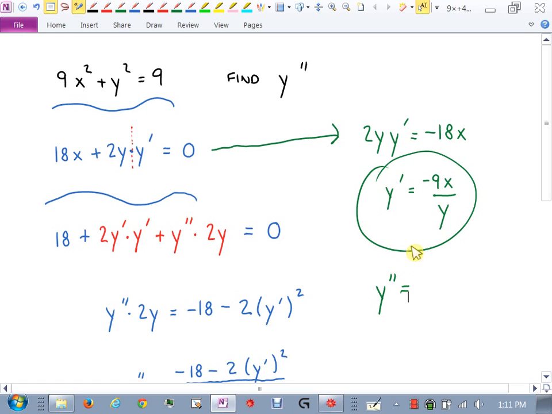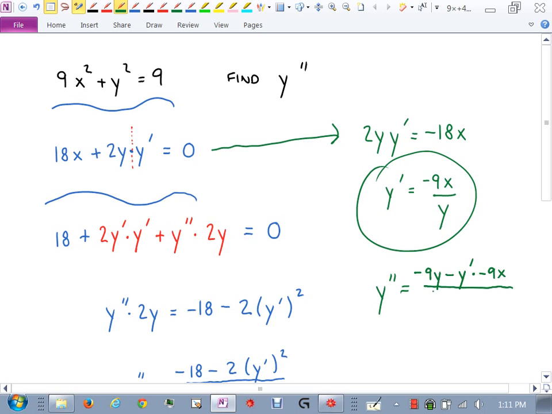On the right side, what rule do I use over here? Quotient rule, which is the derivative of top times the bottom minus derivative of the bottom times the top all over the bottom squared, right? So this would be derivative of the top, which is negative 9, times the bottom, minus derivative of the bottom, excuse me, y prime times the top, negative 9x, right?